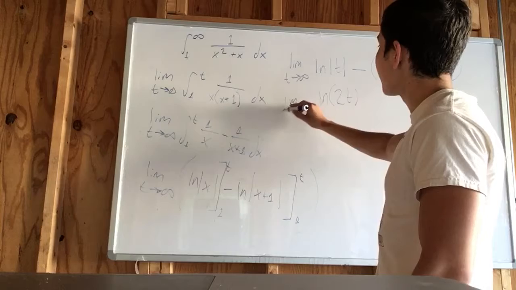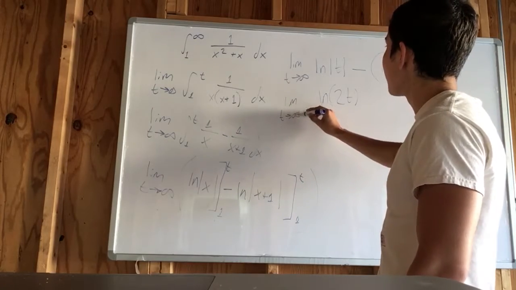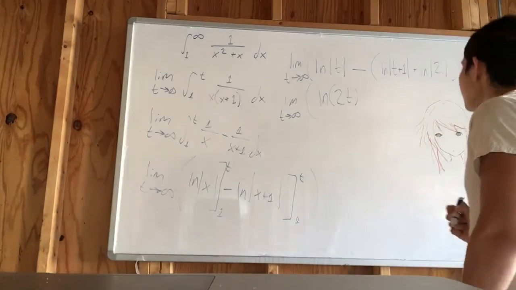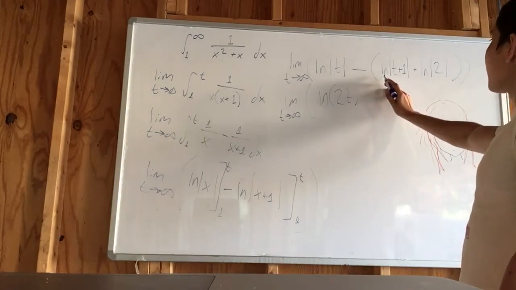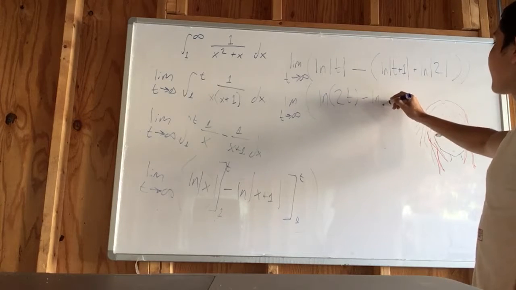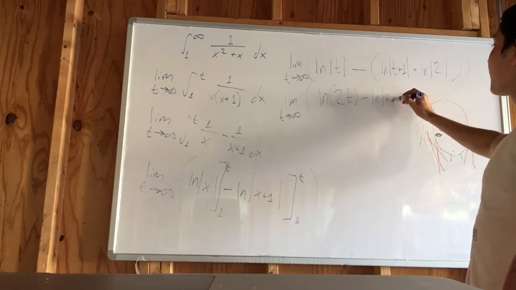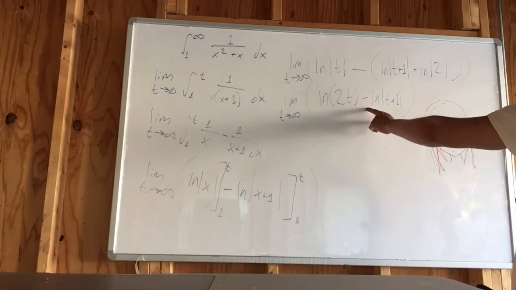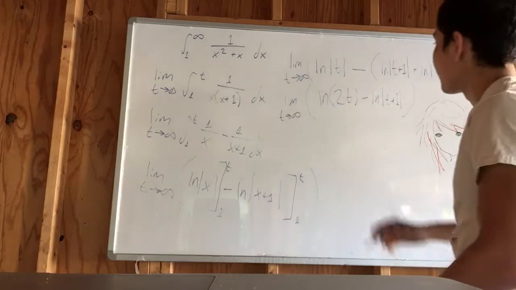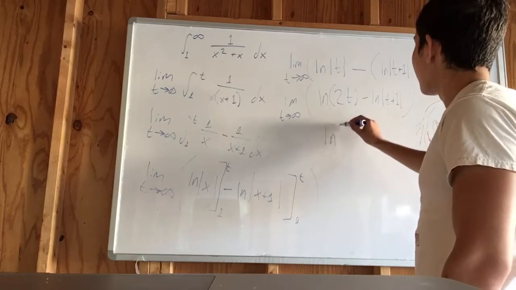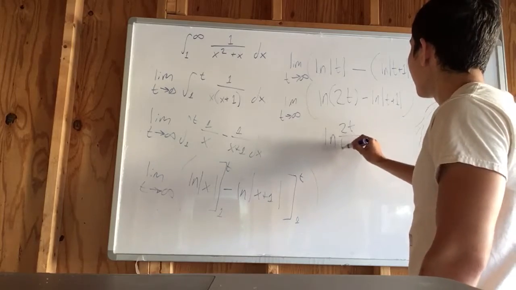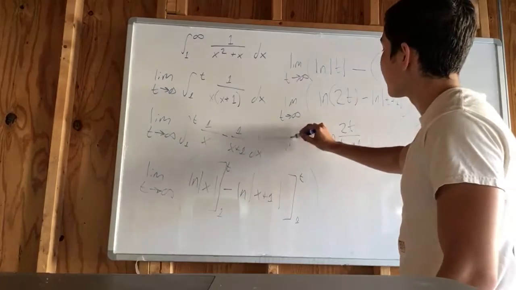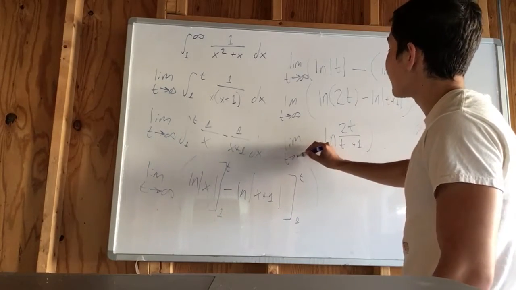And we're still taking the limit as t approaches infinity of this thing. And we're still subtracting the natural log of t plus 1. When we're subtracting, it's like dividing what's inside. So we're dividing 2t over t plus 1 with the limit as t approaches infinity.